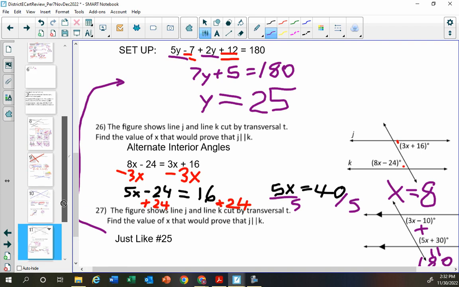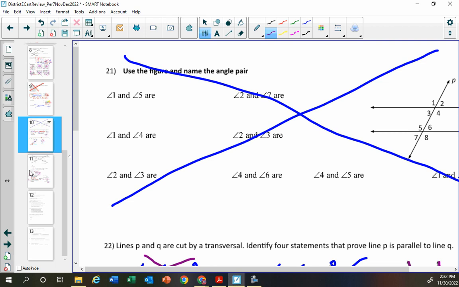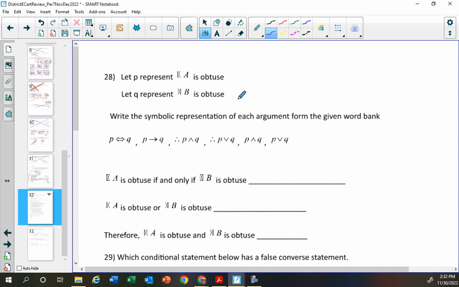All right, next page I'm going to talk about. Now, this stuff we really didn't talk too much about. These were your logic statements, because they use a lot of logic statements when we're doing various different things.